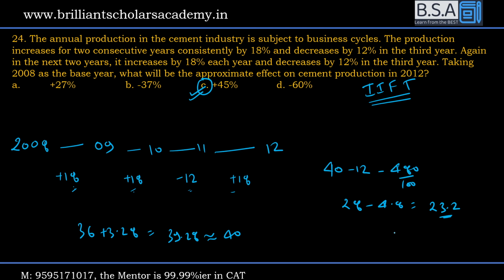Now 23.2, again what is there? Plus 18. Can I say 23 looks like 24? Or even if you want to use a calculator, do that. Multiply this with 18. Or 18 looks like 20. That becomes 460 upon 100. This is 4.6. 41 plus 4, 40. If you want to do it manually, thoroughly, the answer has to match.